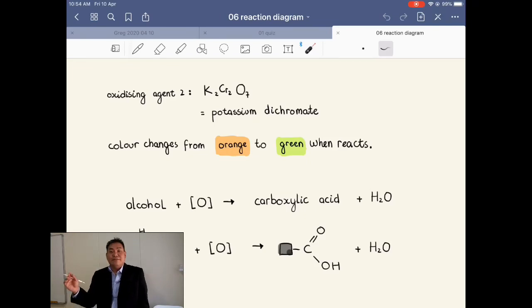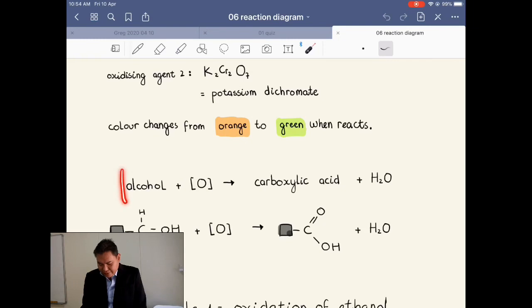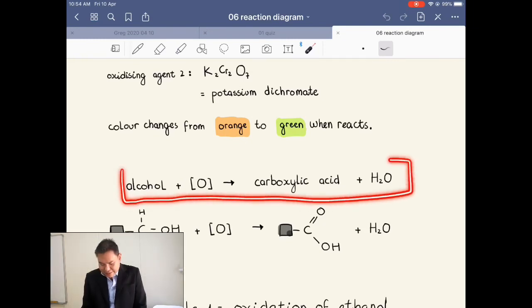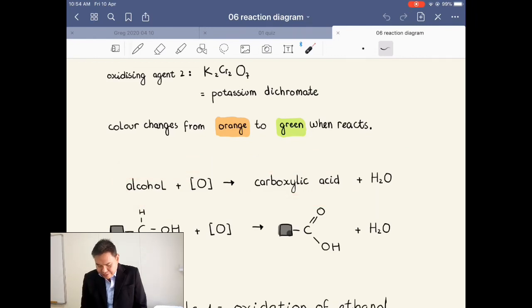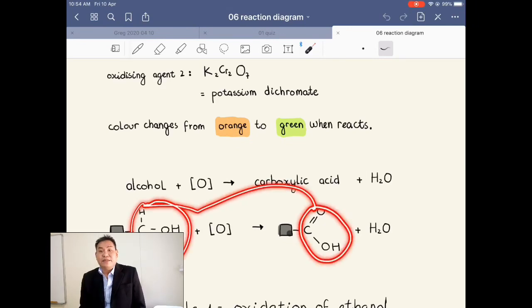The reaction pattern is like this: alcohol plus oxidizing agent, you're going to produce carboxylic acid and water. If you see here, C with OH will turn into COOH, which is a carboxylic acid.